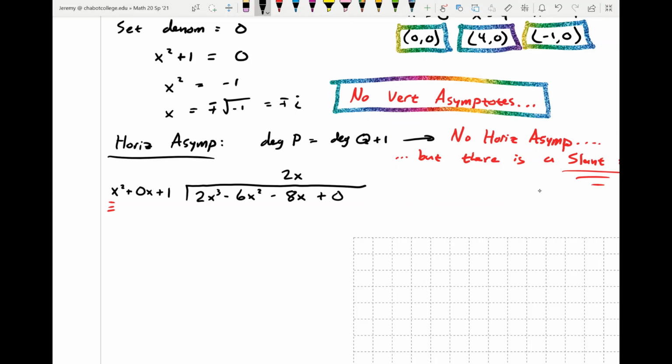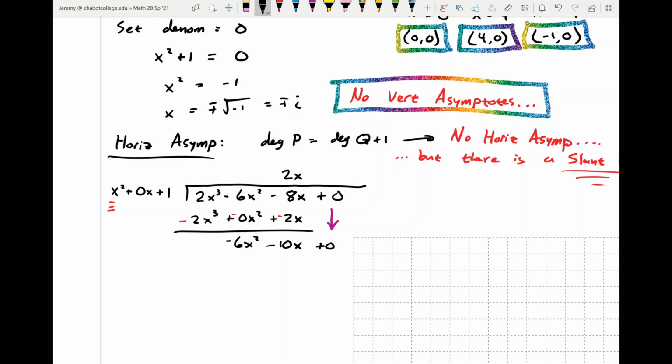Okay, so multiply 2x through my divisor and I get 2x cubed plus 0x squared plus 2x. And then I want to do this subtraction problem, so I'm going to distribute through a negative. And I'm left with negative 6x squared, what is that, minus 10x. And then bring down the plus 0.